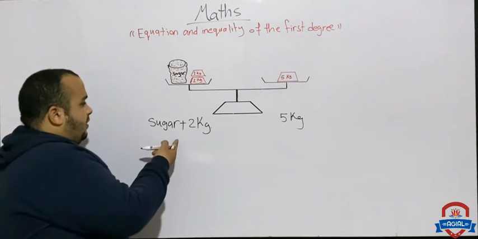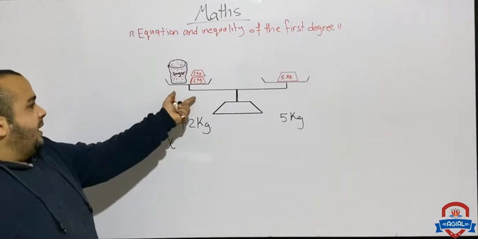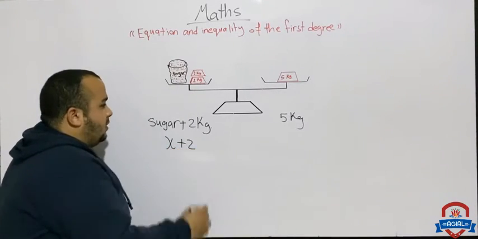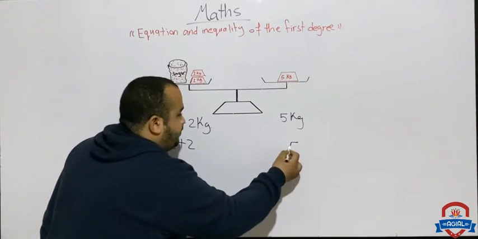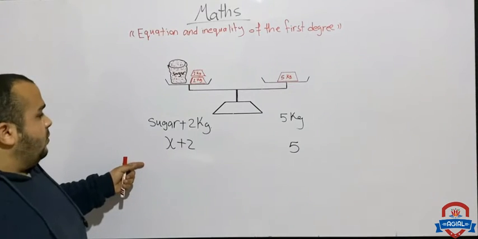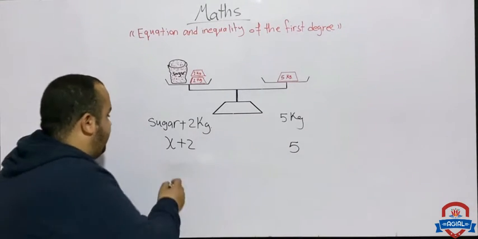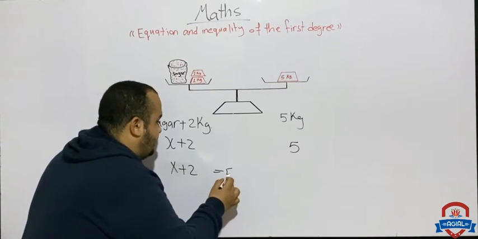If we denote the bag of sugar by x, the whole weight in the left pan equals x plus 2, and the right pan equals 5. So the weights in the two pans are equal if x plus 2 equals 5.